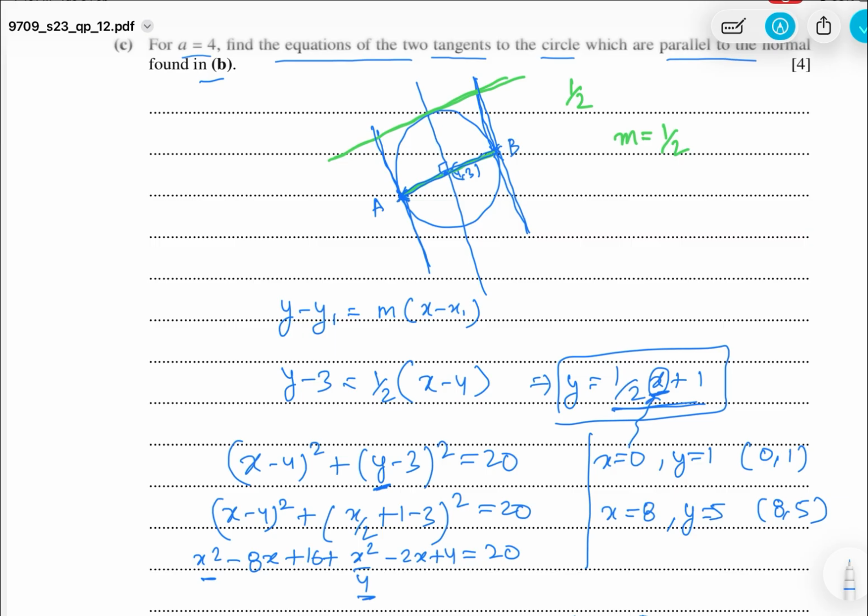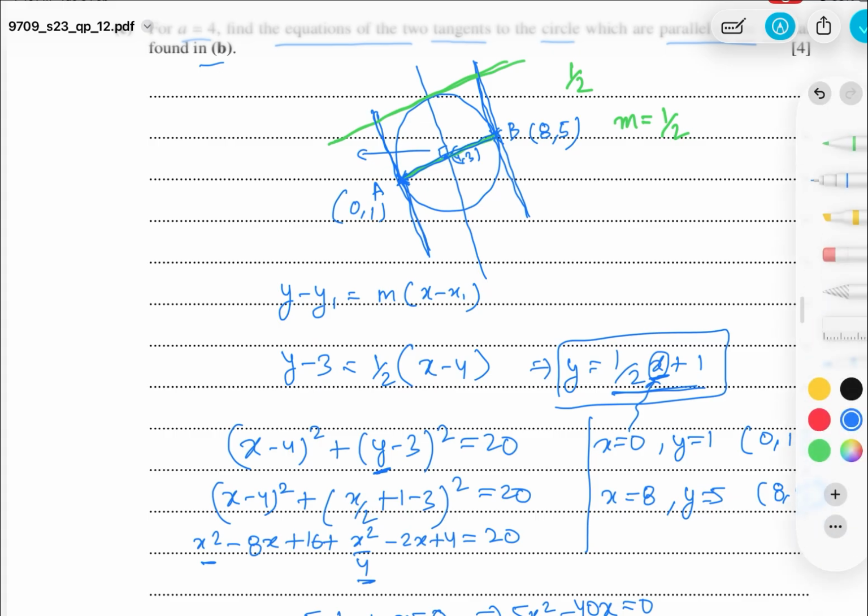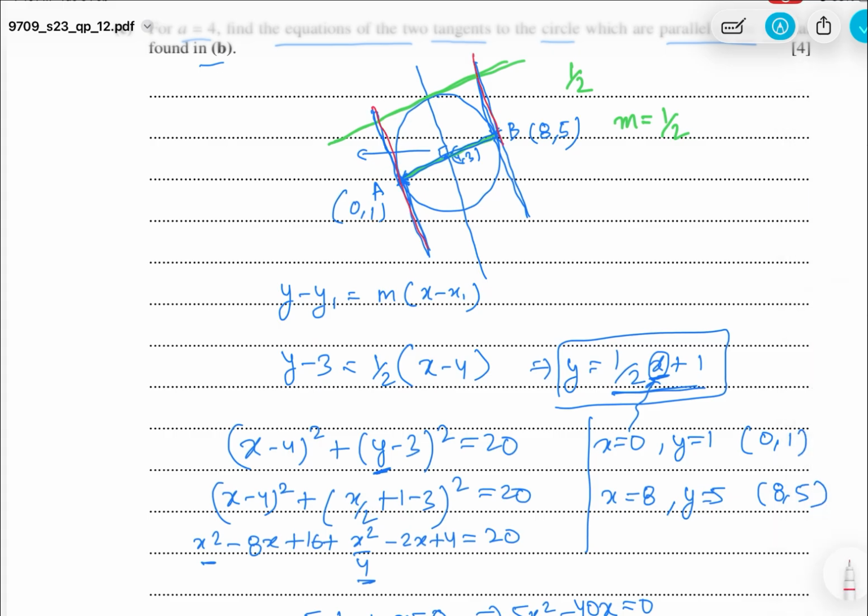The coordinates of A would be (0, 1) because it is at this side, and B would be (8, 5). If I have to find the equation of this line, I know the gradient of these two lines is same as the gradient of normal, and the gradient of normal was -2.